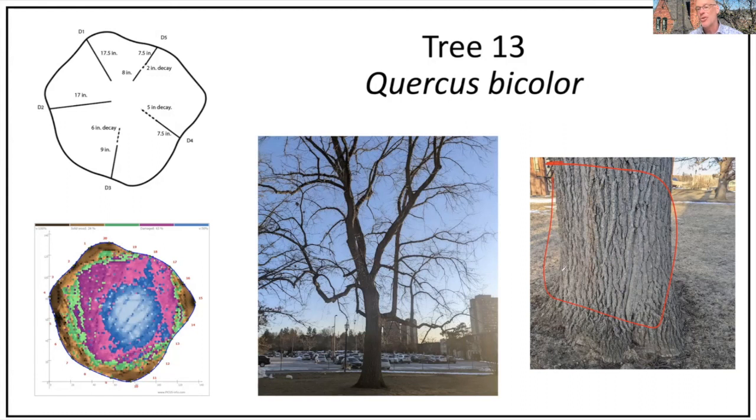Again, these are in the winter, so we can't be 100% sure this is what people saw in the summer. But once they looked at the resistograph and then looked at the tomogram, this is cause for increasing the likelihood of failure rating, because there's clearly decay that's shown in both of these outputs.